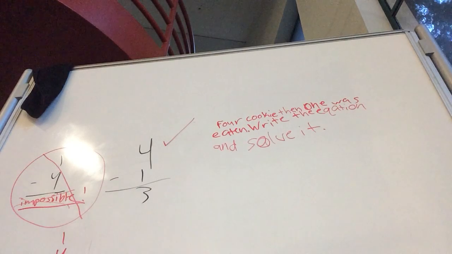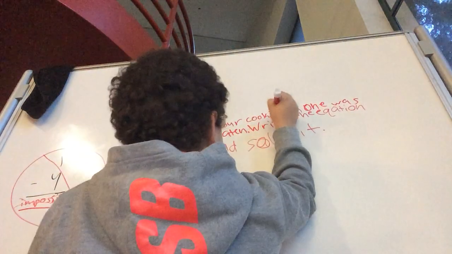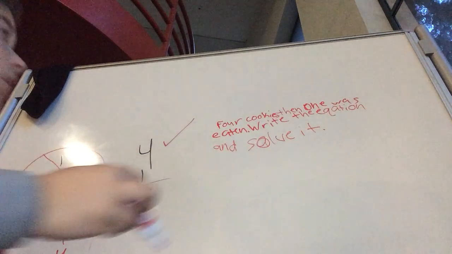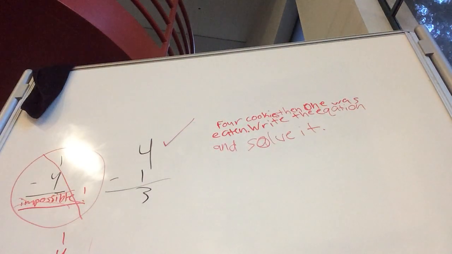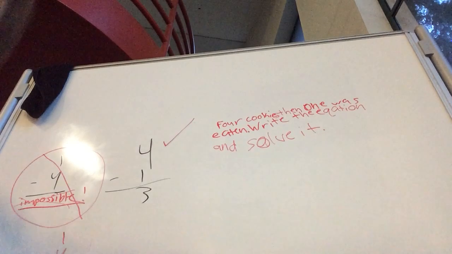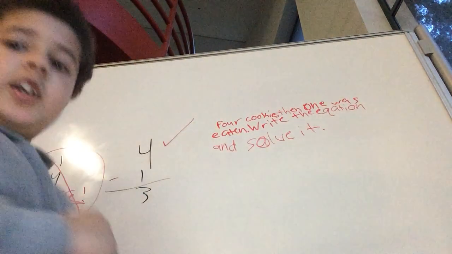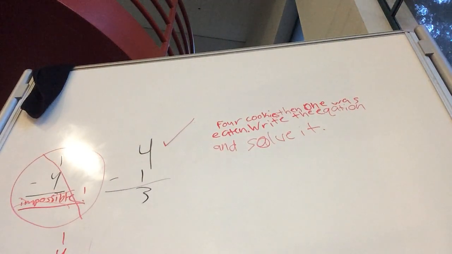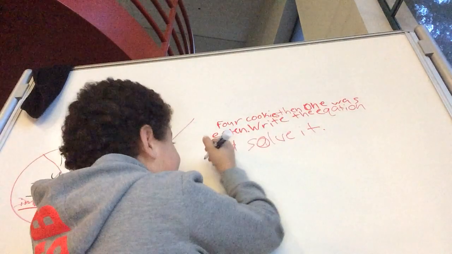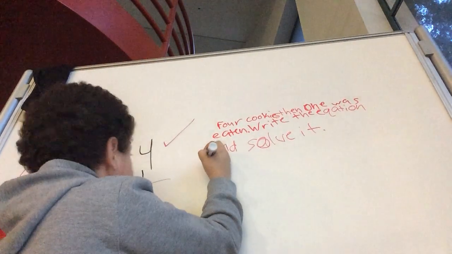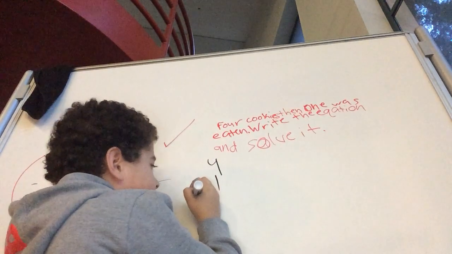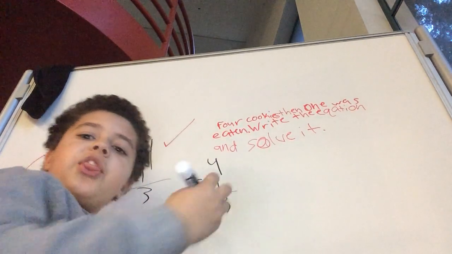So it says how I wrote it. 4 cookies, 4 cookies, and then 1 was eaten. Write the equation and solve it. This is the problem that will get you out of elementary school, which almost everybody hates. So now the answer is 4 minus 1 equals 3. 3 cookies.